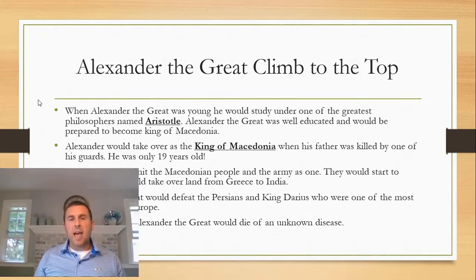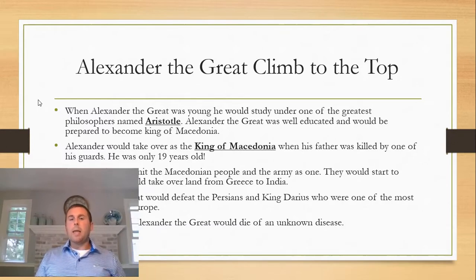So what he does after he became king, he starts to move east, and he starts to take over land. He starts to defeat armies and claims the land for him and the Macedonian people.